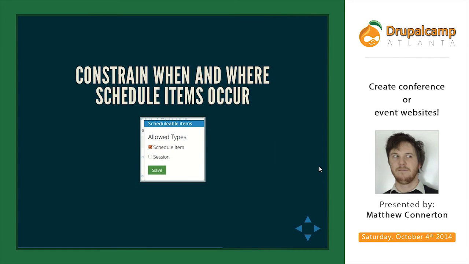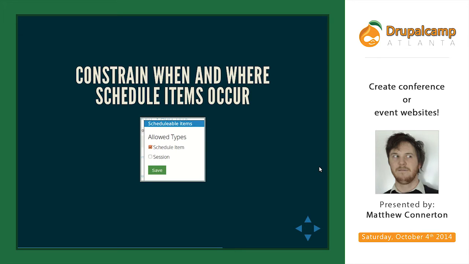You can constrain when and where schedule items occur. This is primarily only useful when you're using Birds of a Feather online, when other people get to put things on the schedule. That's when you want to constrain what can go in each time slot. When you see the time slot view in a second, you have the add or edit time slot, and here you can say, this is what's allowed inside this time slot.